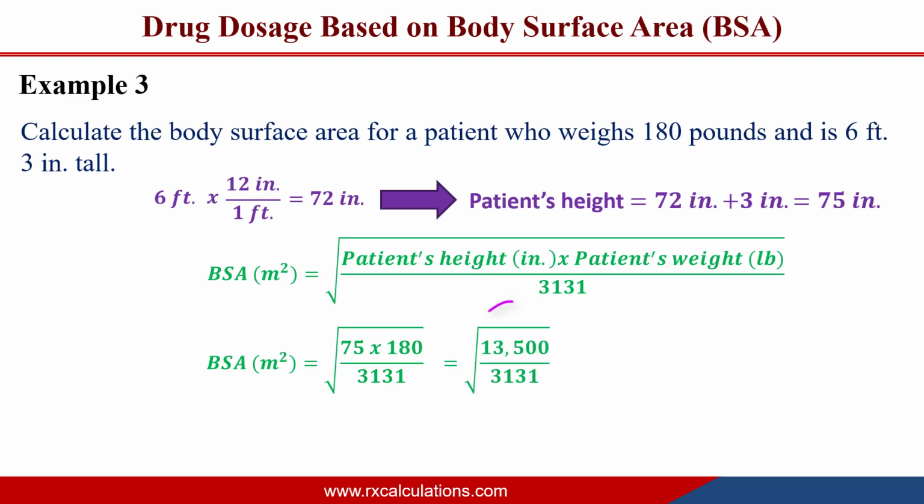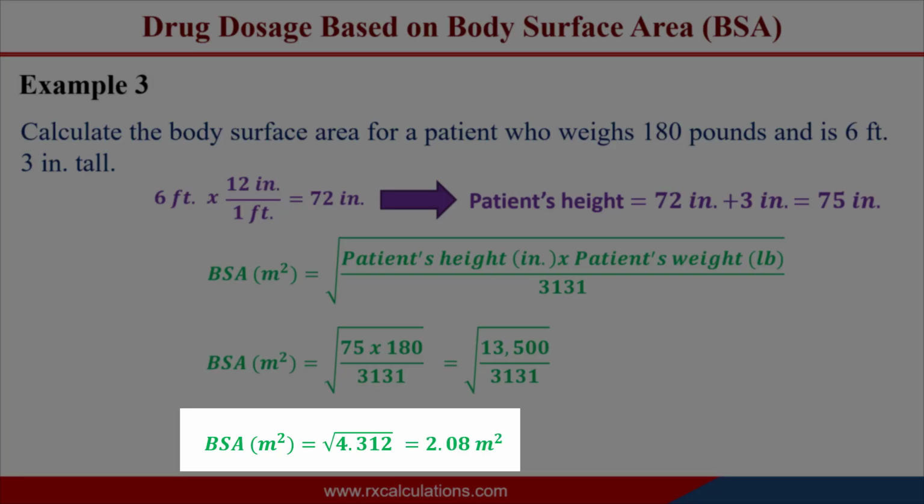This should give us the square root of 13,500 divided by 3131, which should then give us BSA in meters squared being equal to the square root of 4.312, and that is actually equal to 2.08 meters squared.